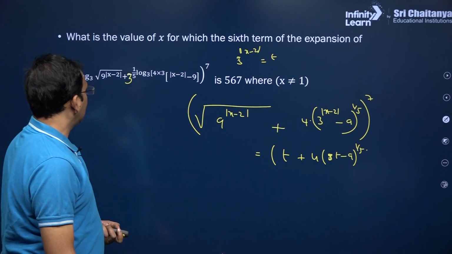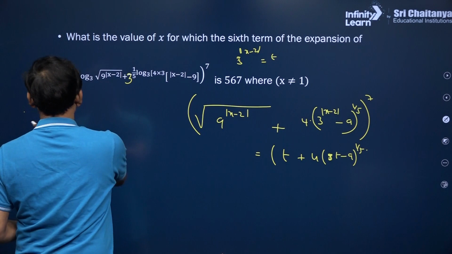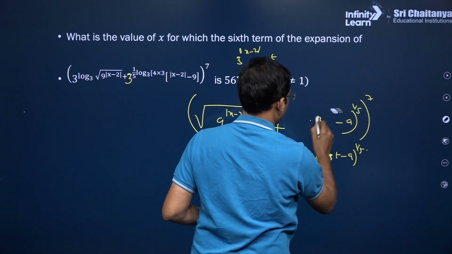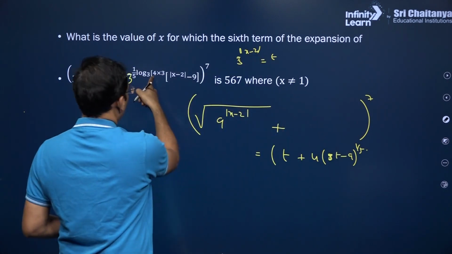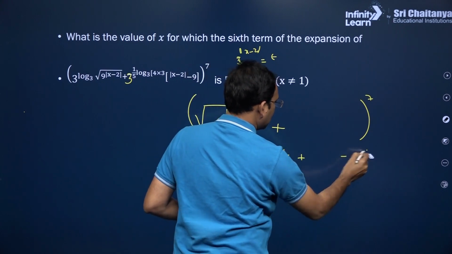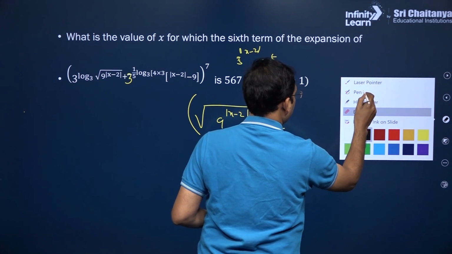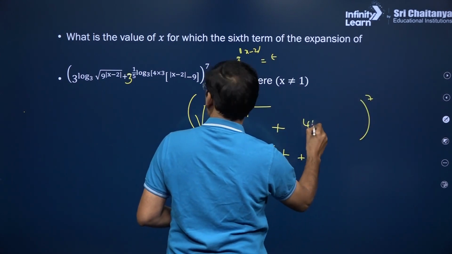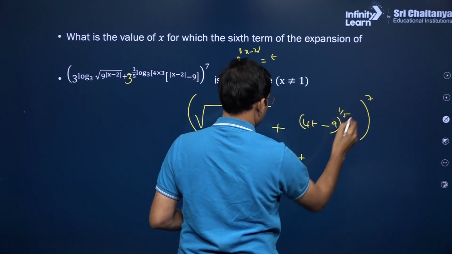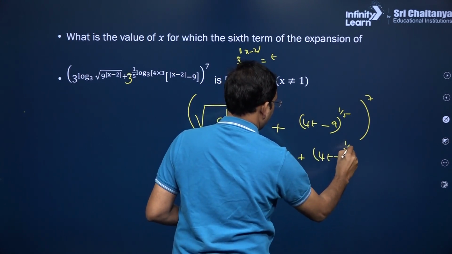This is 4t minus 9, whole to the power 1 by 5.